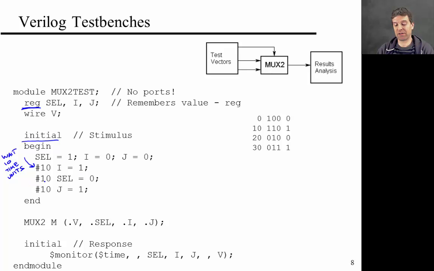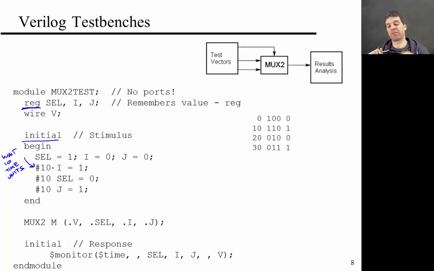Another 10 time units later, switch selection to 0, and another 10 time units later, switch j to 1, and then end. That's what you're doing in this block between begin and end.